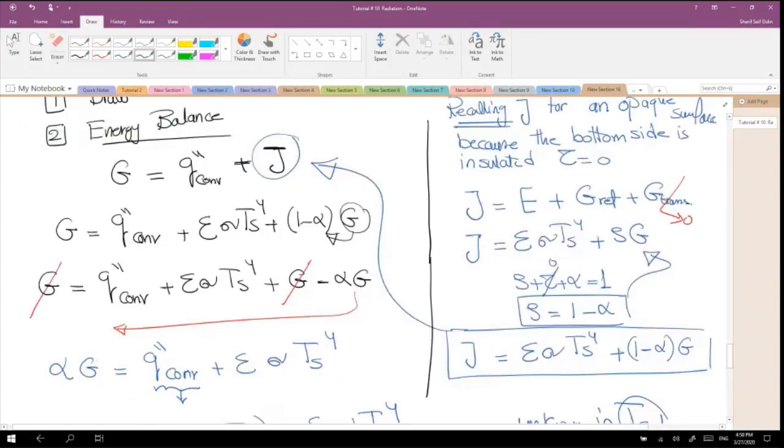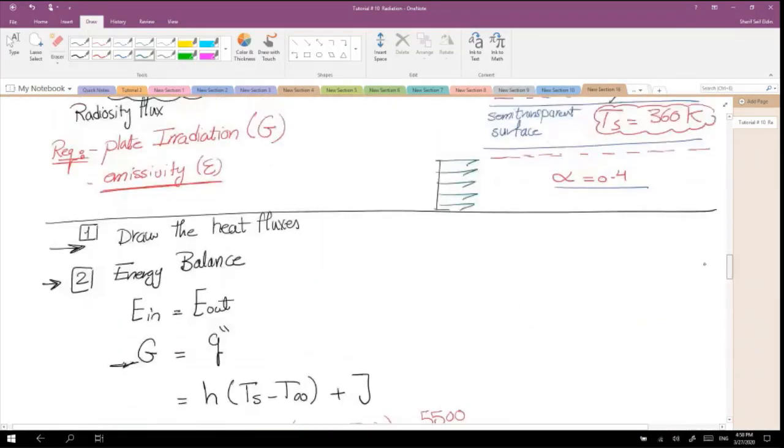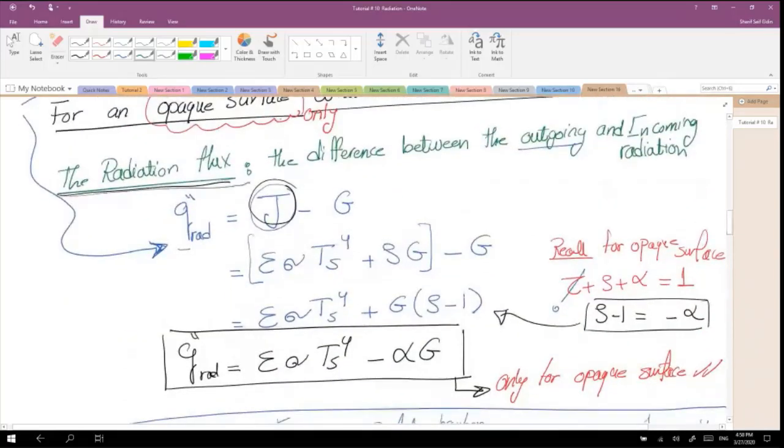All right, but we add any other heat that we did not account from the beginning. As I told you before, J is already in the definition of radiation here. Let's get back here. The radiation heat flux is the difference between outgoing and incoming radiation.